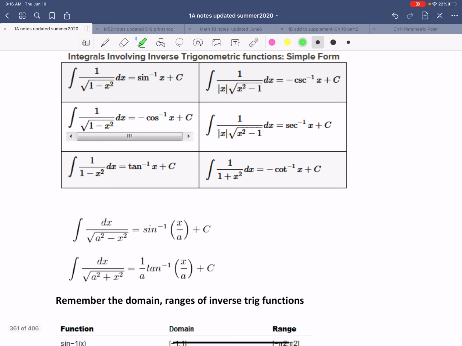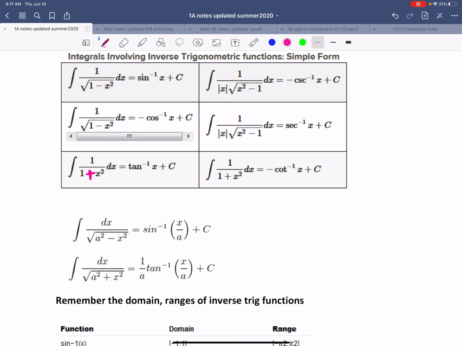Okay, and now we're going to talk about integrals here. The integral of 1 over square root of 1 minus x squared dx is sine inverse x plus c. The integral of 1 over square root of 1 minus x squared dx is also negative cosine inverse x plus c. Integral of, okay, so there's a typo over here.